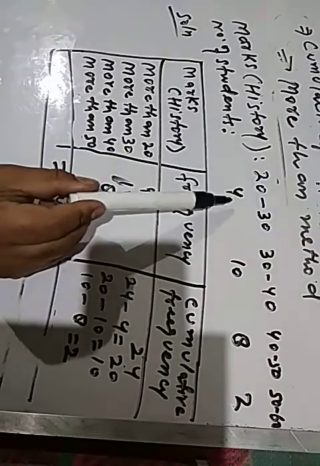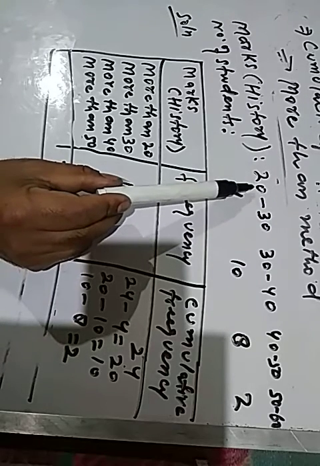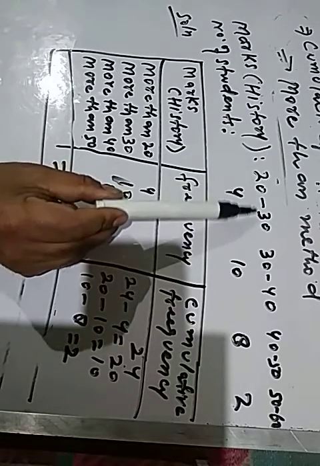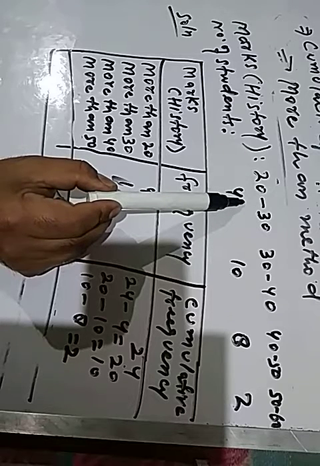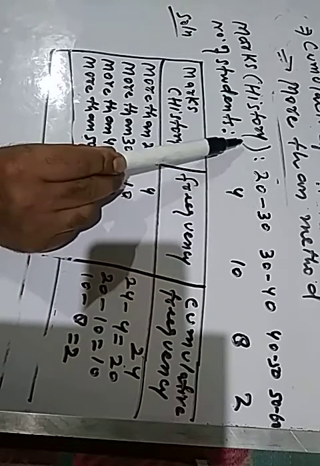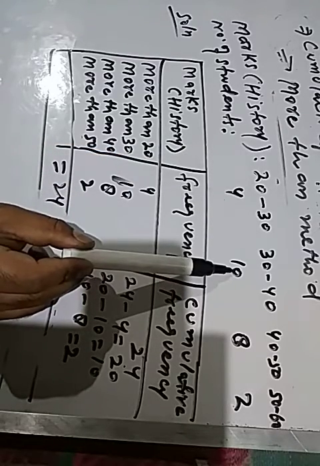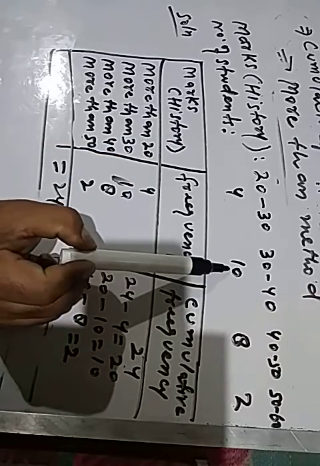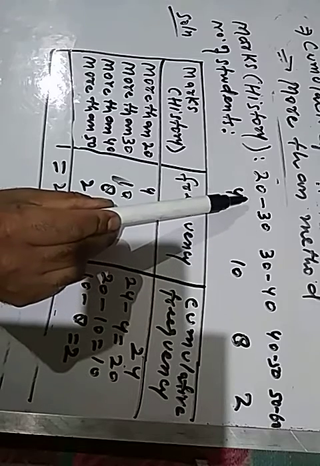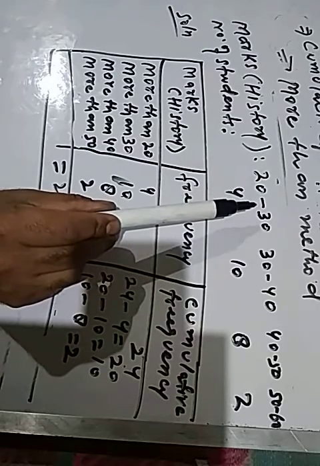Because in the first, if you look here, there are 4 students whose marks are between 20 to 30, means more than 20, not less than 20. And in this marks group, 30 to 40, there are 10 students, means their marks are more than 20.